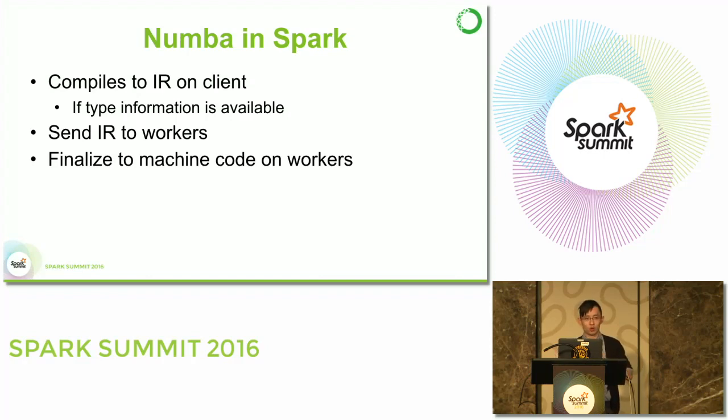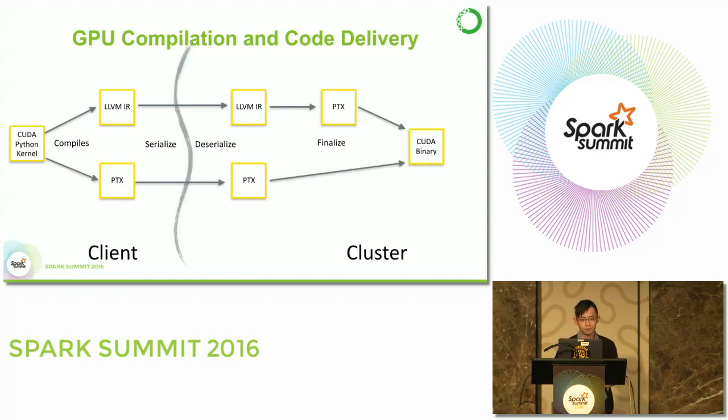That means if your workers have different kinds of CPU, some may have SSE, some may not have SSE or AVX, it will specialize to use the instructions, so you get better instructions generated for those workers specifically. And for GPU, code compilation and code delivery, this is what happens.